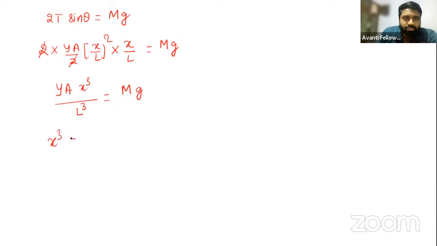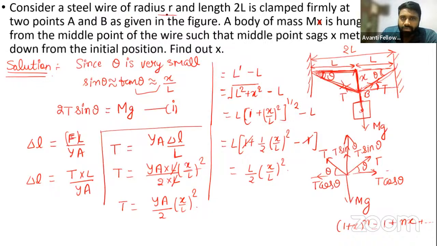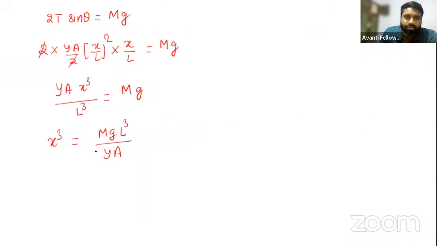Now x cube is equal to mg L cube divided by YA. The radius of the wire is R, so we can put the value of area of cross section as pi r square. So it will be mg L cube divided by Y into pi r square.